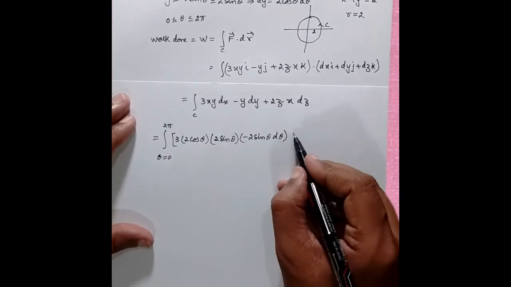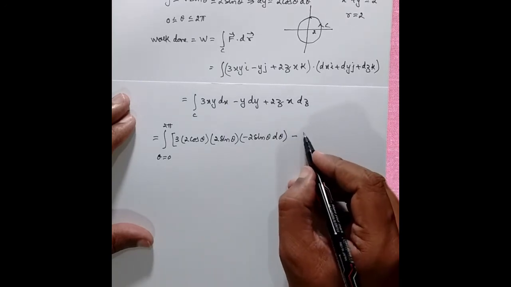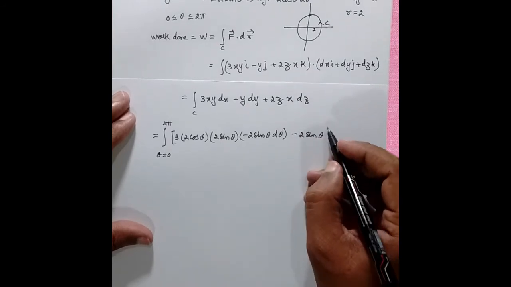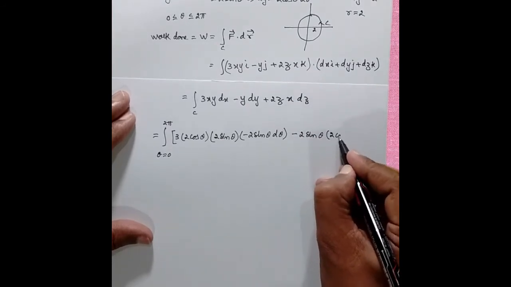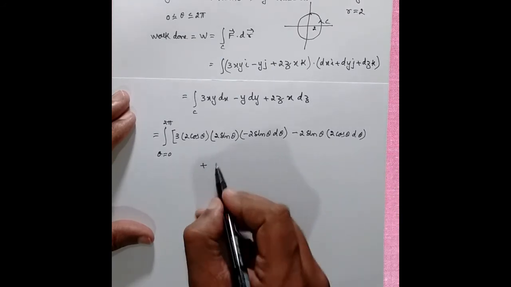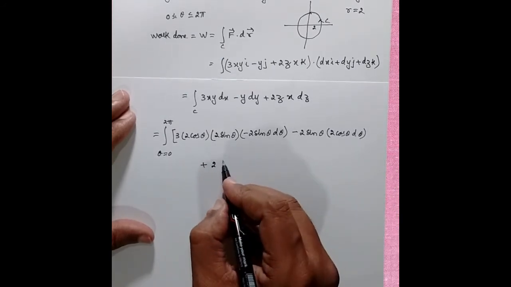Then move on to the next term, minus y. The y value is 2 times sin theta, into the dy value. What is dy? Dy is 2 cos theta into d theta, plus 2 times the z value.